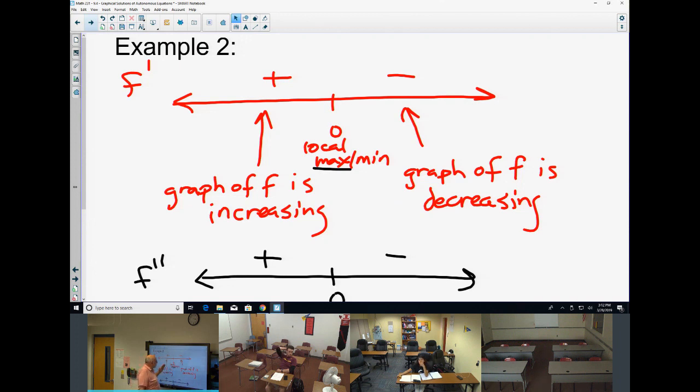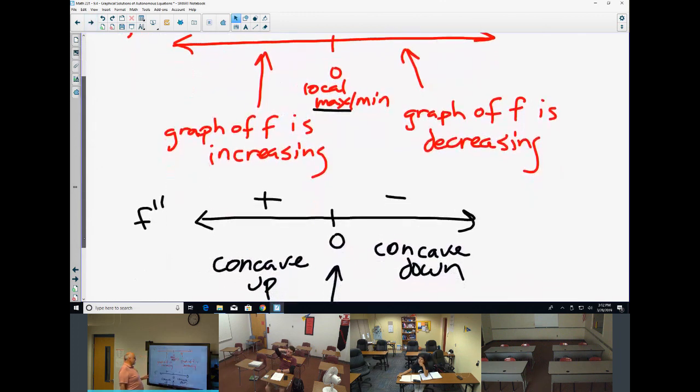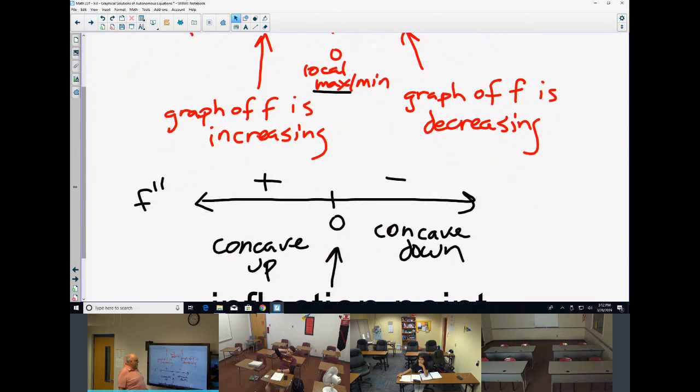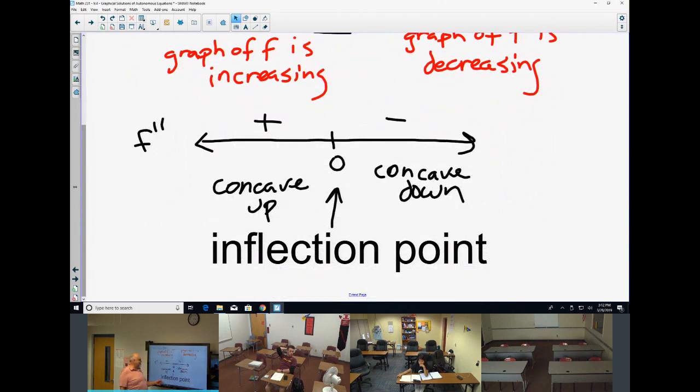If it's going positive, 0, negative, then that would be a max. Where the second derivative is positive, that's concave up. Where the second derivative is negative, if you do the sign chart and you get a negative, that's concave down. And where the graph changes concavity, that's a point of inflection.